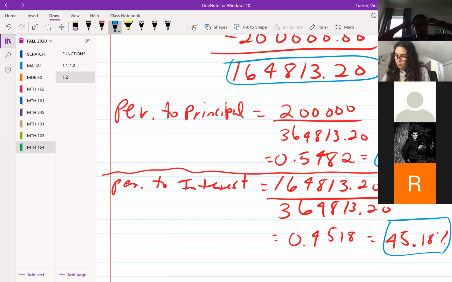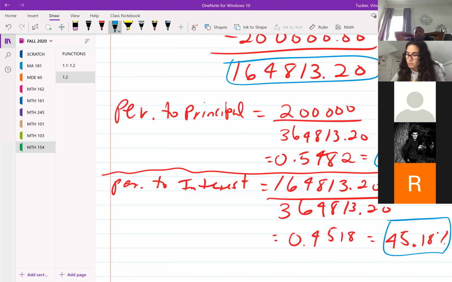All right, that's how you would do that. And my math lab will let you know how many decimal places they want, stuff like that. Questions on the process?